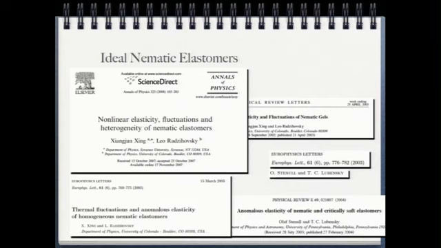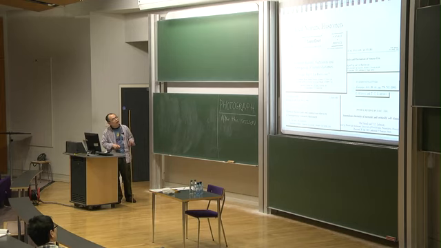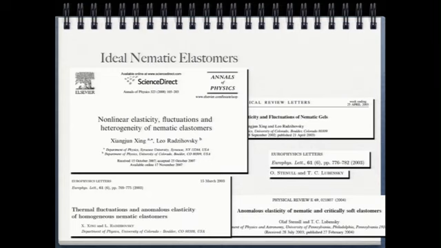We published one PRL and one Europhysics Letter in '03, I think. And 4 years later, I published a long paper, 98 pages, with Leo Radzihovsky in Annals of Physics. This paper took me about 5 years to write.